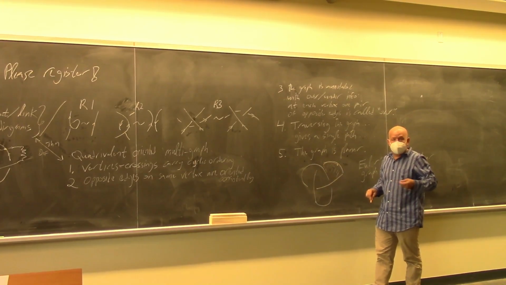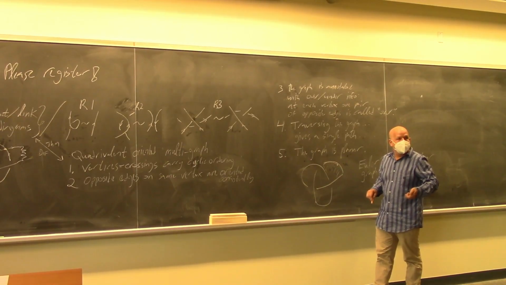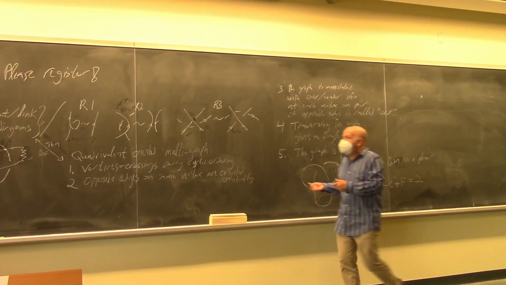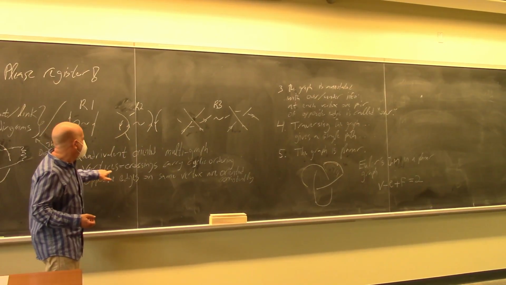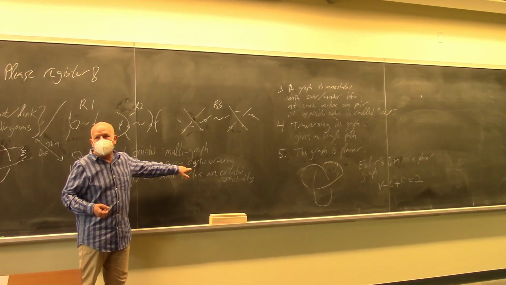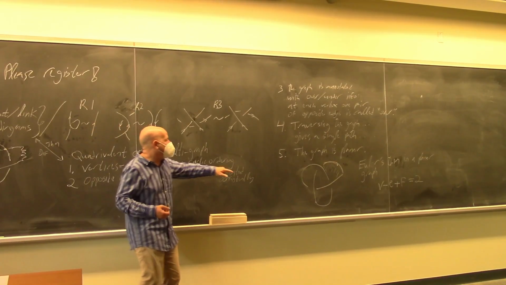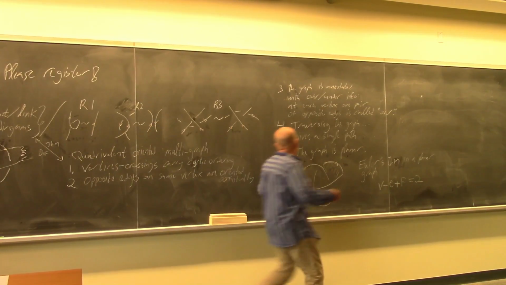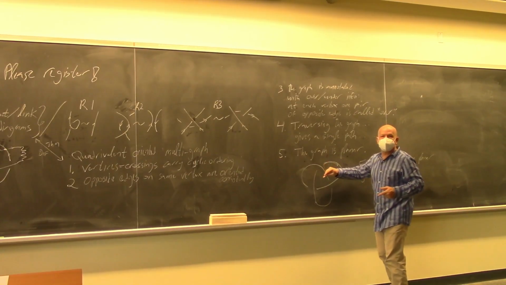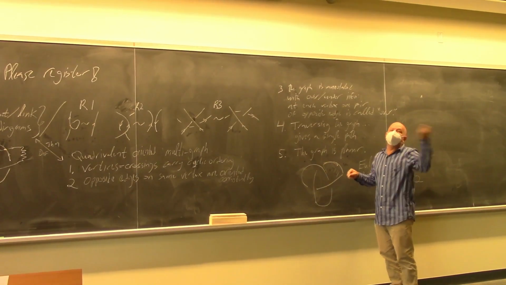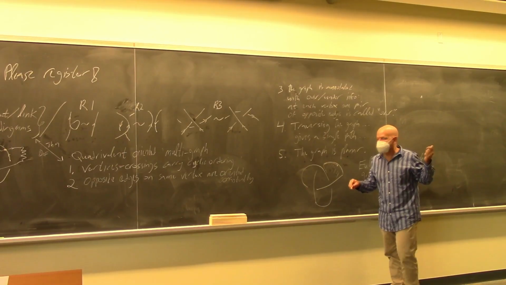The word turn left has a meaning because it is embedded in the fact that the vertices are cyclically ordered. Actually, left means clockwise with respect to the ordering, so I use the inverse ordering. Okay?